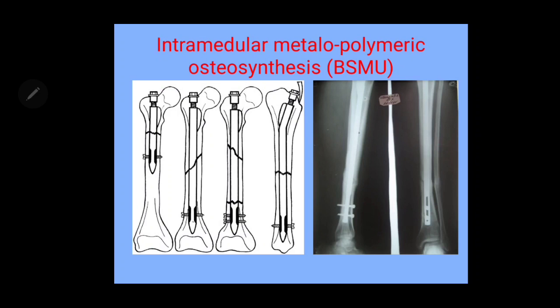We also developed some intramedullary nails in our department. These are so-called metal polymeric nails. The principle is the same, but you see that the window in the distal part of the nail is fixed with a screw, but the screw goes not through a hole, but through the polymeric insert.